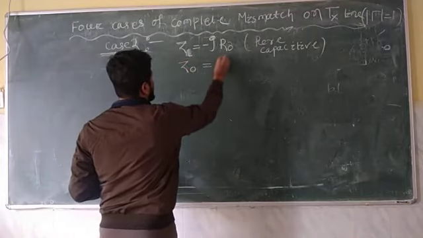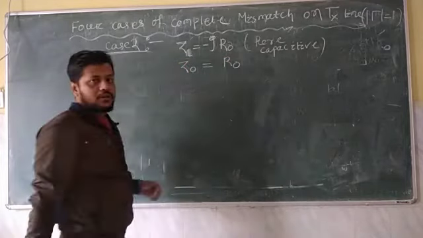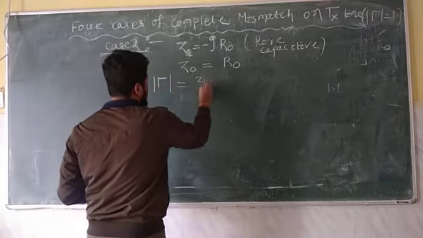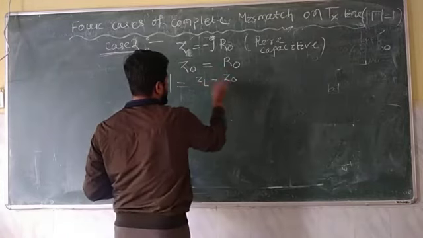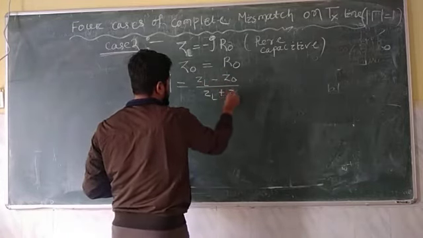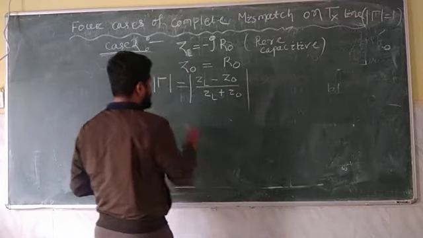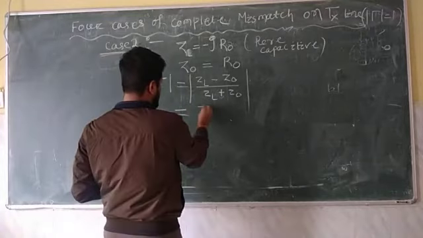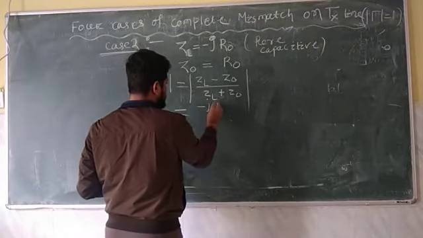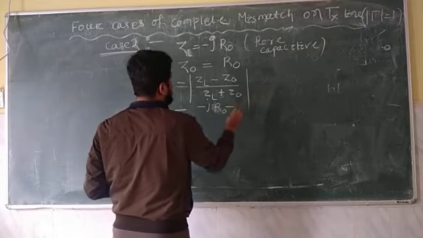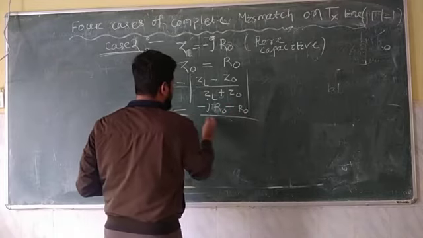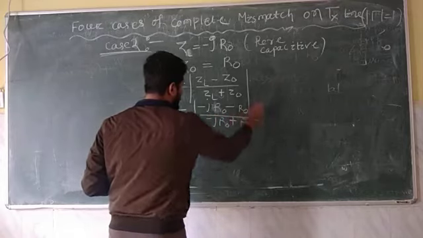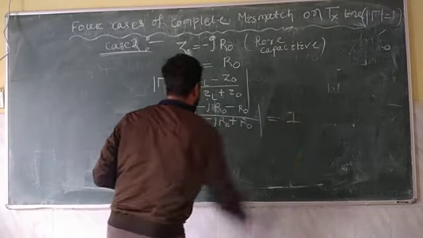Then we have Z0 is equal to R0. Then how to calculate gamma? Similarly, gamma magnitude is equal to the magnitude of ZL minus Z0 divided by ZL plus Z0. Then you put minus JR0 in place of ZL: minus JR0 minus R0 divided by minus JR0 plus R0, magnitude, which is nothing but equal to 1.